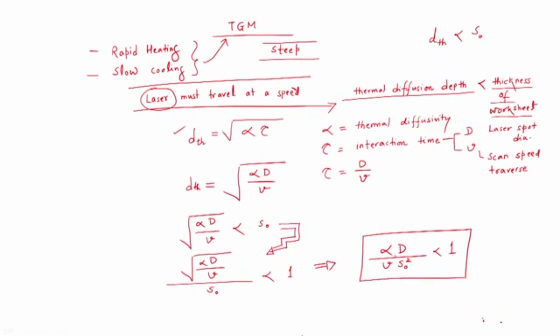When the values of the thermal diffusivity, the diameter of the laser spot, traverse speed and thickness in this correlation are generating this quotient or ratio less than 1, then we are saying that TGM is getting predominant.